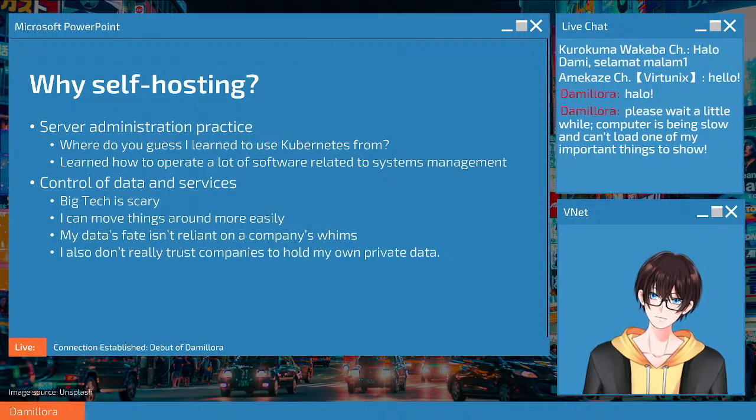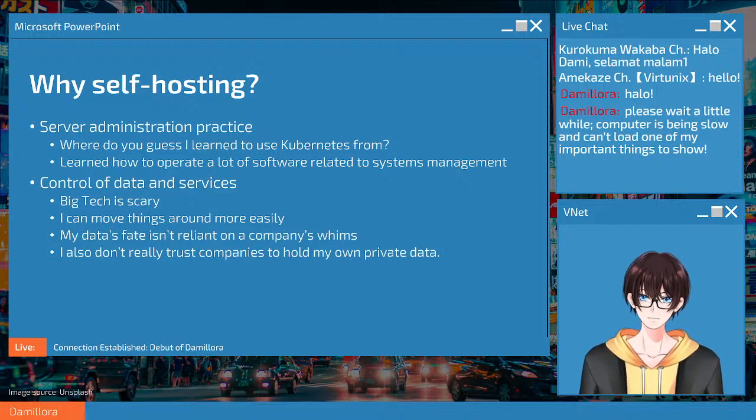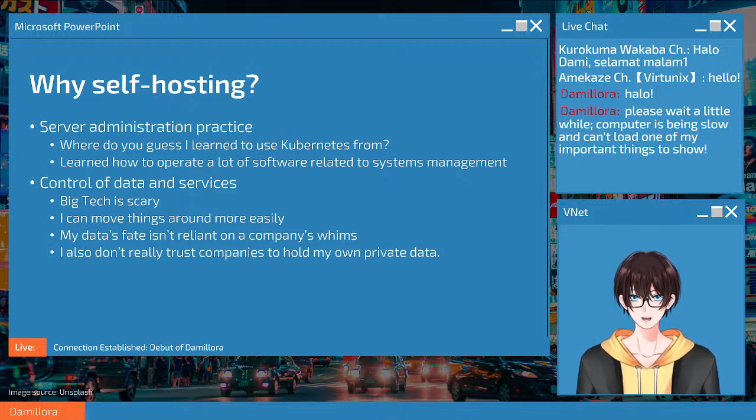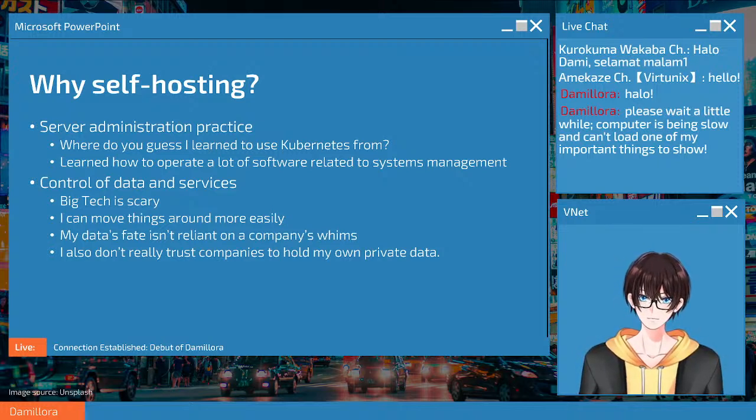And then next, why self-host? I outlined around two major reasons why I self-host. The first of all is I self-host to practice server administration. Where do you guess I learned to use Kubernetes from?